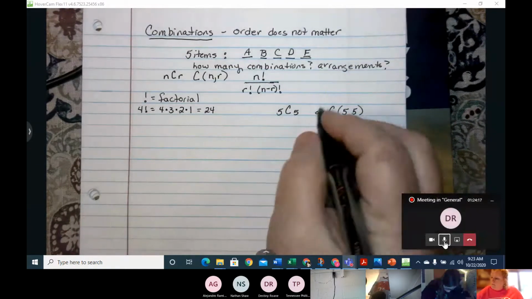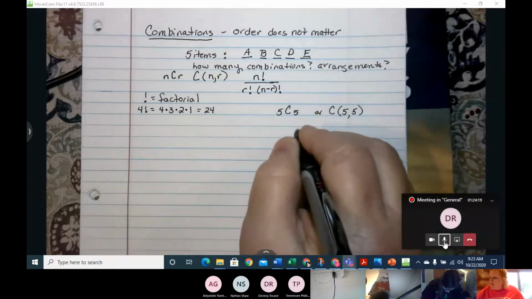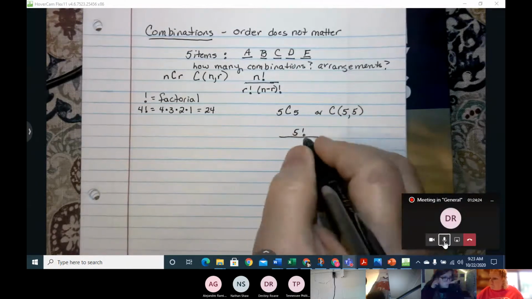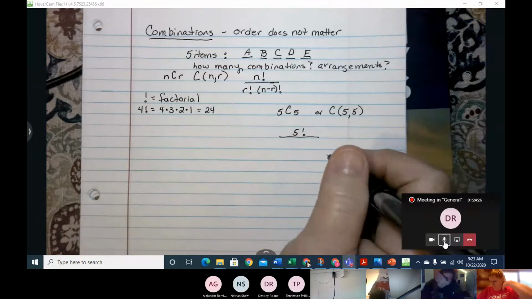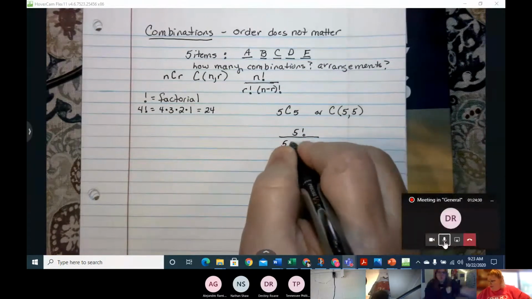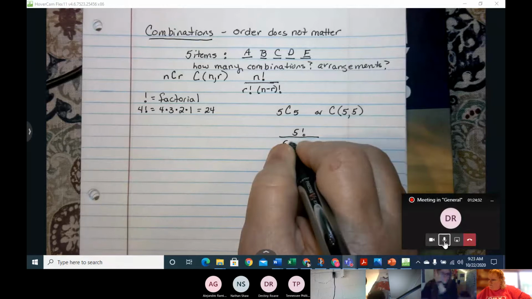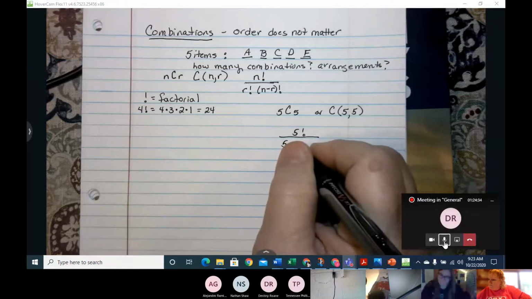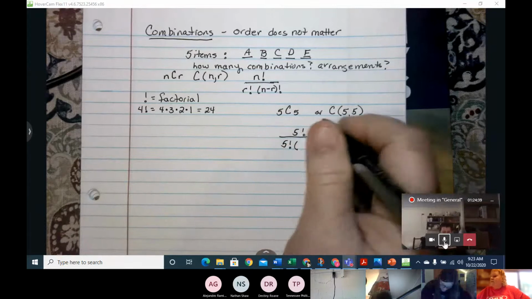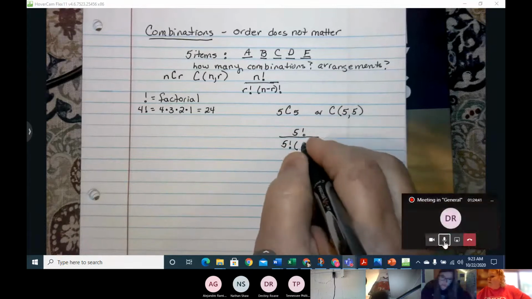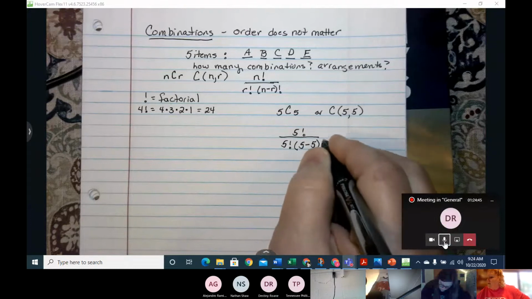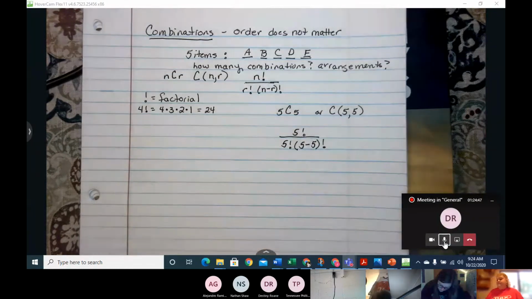In our formula, that means we would have 5 factorial over 5 factorial times 5 minus 5 factorial.